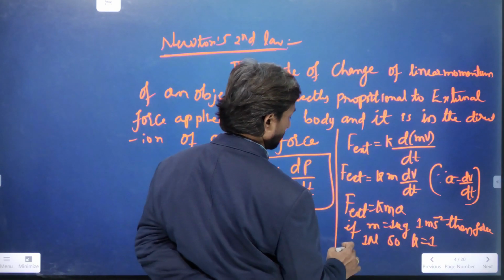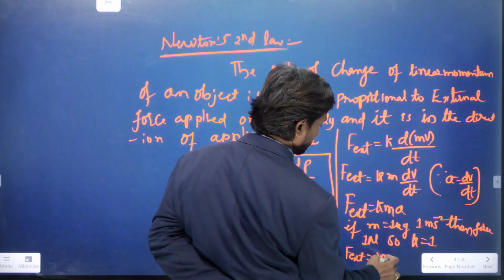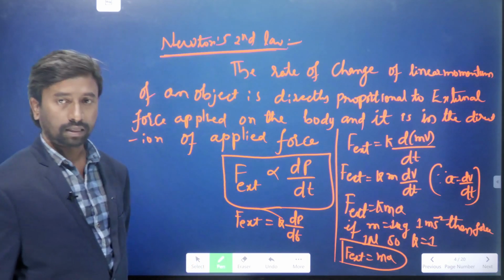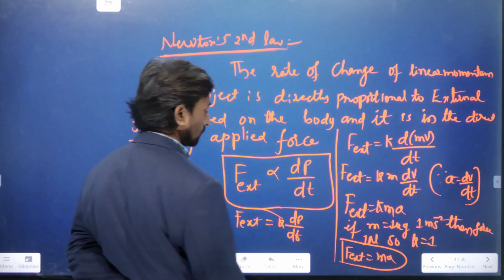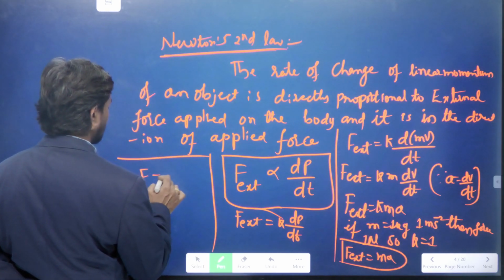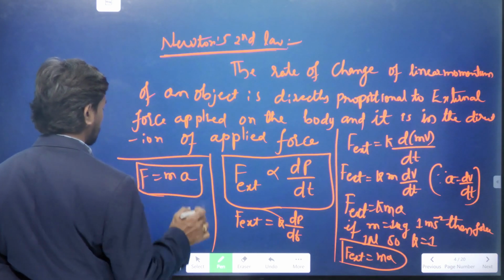If k is equal to 1, then F external is equal to m into a. So this is the expression for the force acting on the body. F is equal to m into a, mass into acceleration.